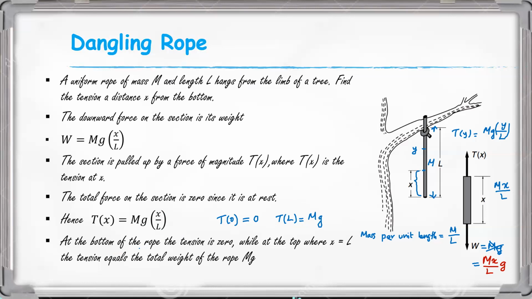So at the bottom of the rope the tension is 0, while at the top the tension is equal to the total weight of the rope, that is mg. Here the tension is a variable. Okay, the tension varies with distance, isn't it?